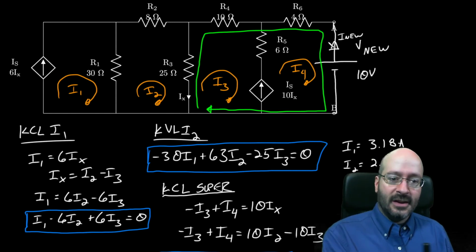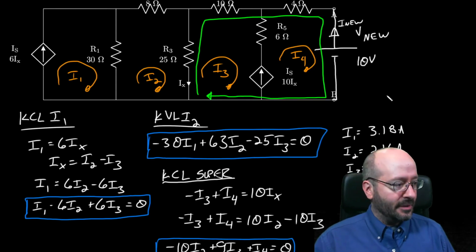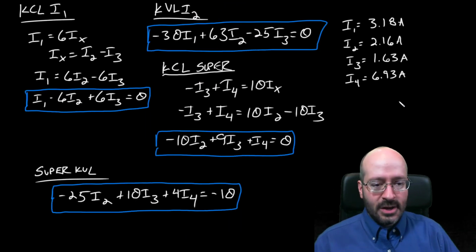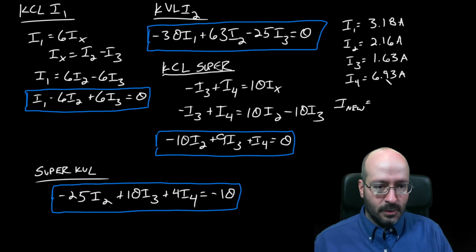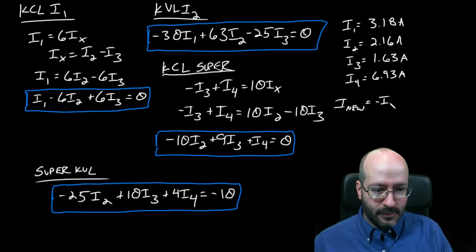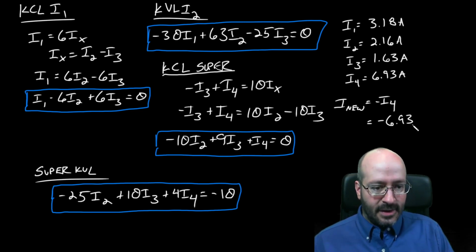These current supplies end up pushing that current the opposite direction. So I new is equal to negative I4, which is equal to negative 6.93 amps.